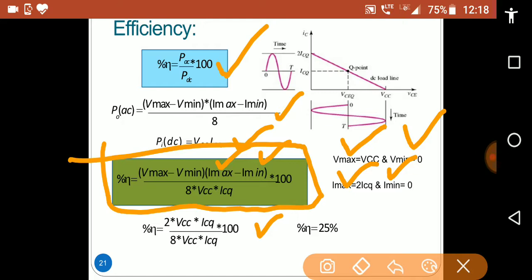So percentage efficiency, eta, equal to 25%.